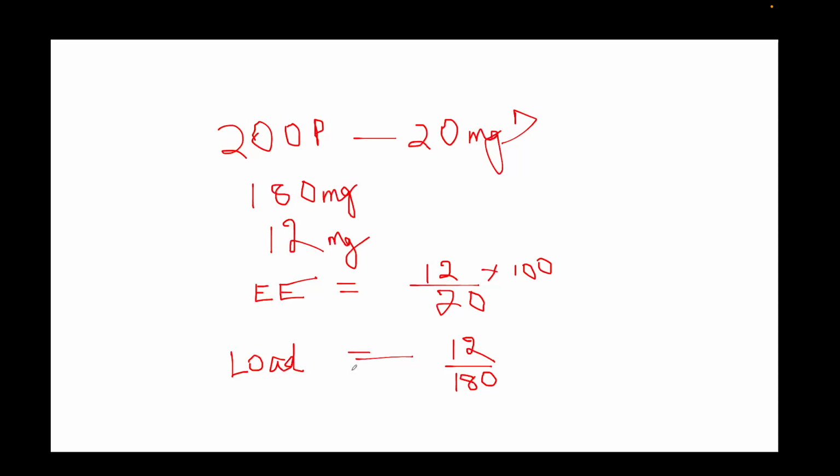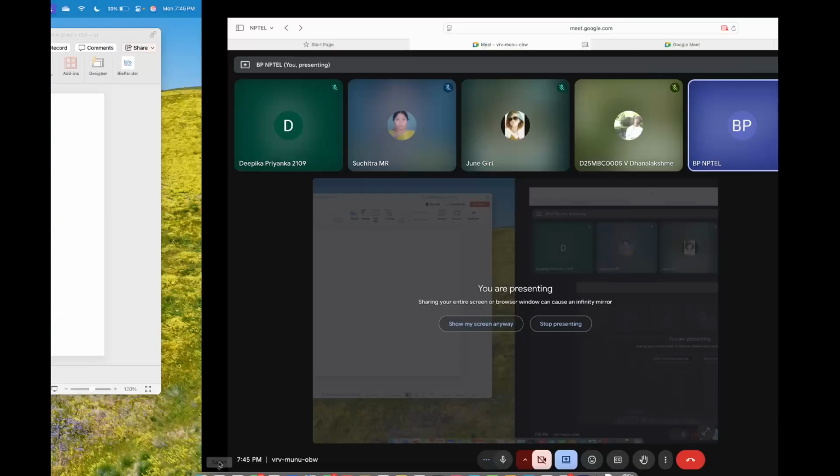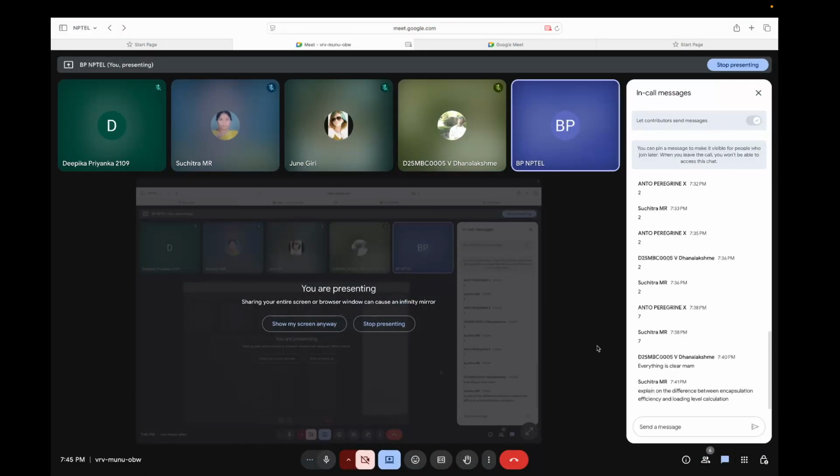So this 12 mg in 180 mg of polymer is your final loading amount of the drug. This will give you a drug loading percentage. I hope that was clear.